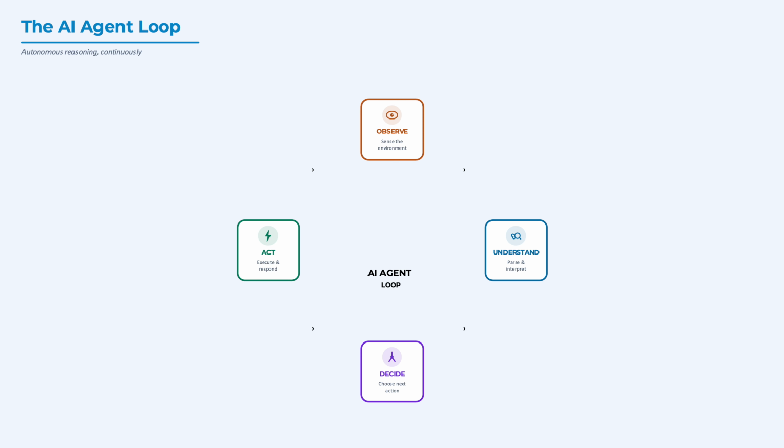The agent then observes the results. Maybe there are 10 failed payments. Now it decides what to do next. It creates a summary. Then it sees that the user also asked for that summary to be sent. So it calls another tool. The email is sent. Then the agent can respond, "I found 10 failed payments and sent you the summary."